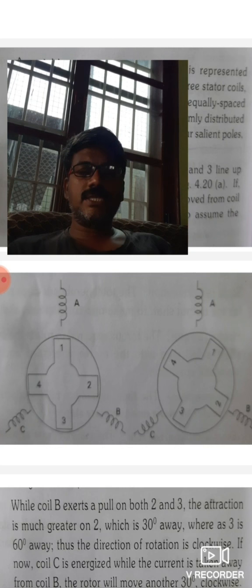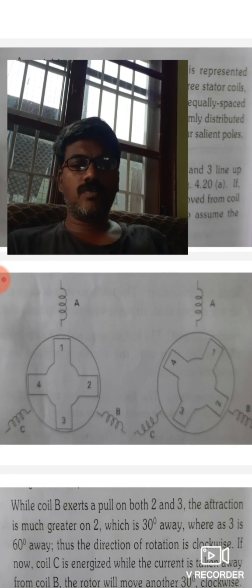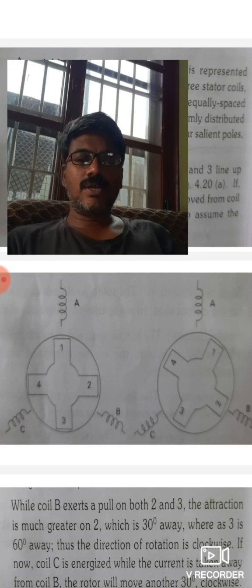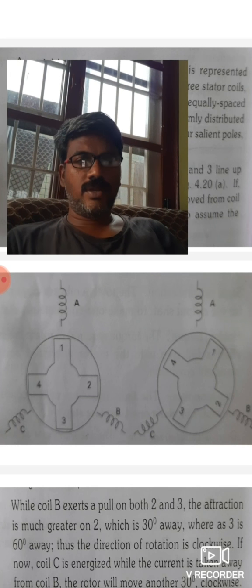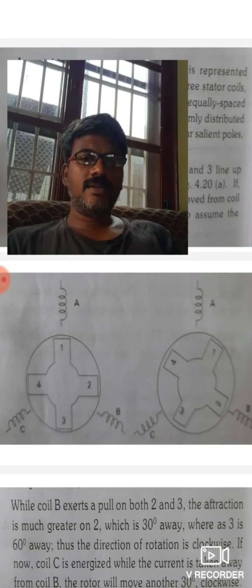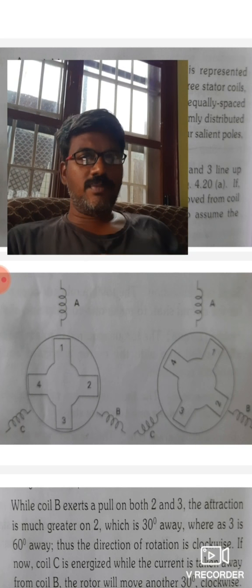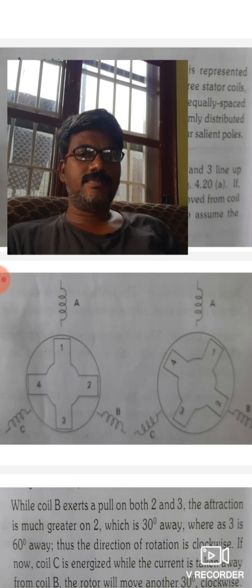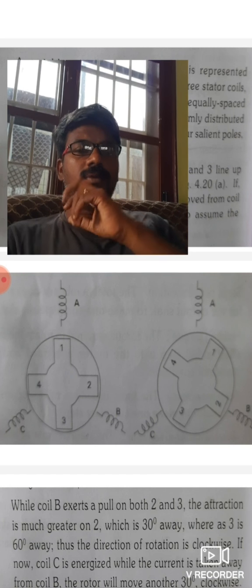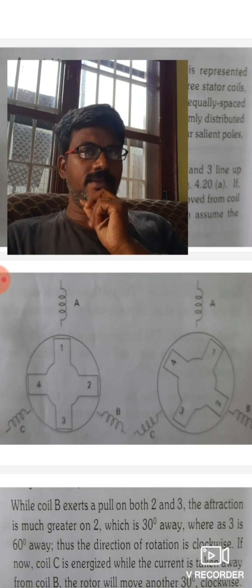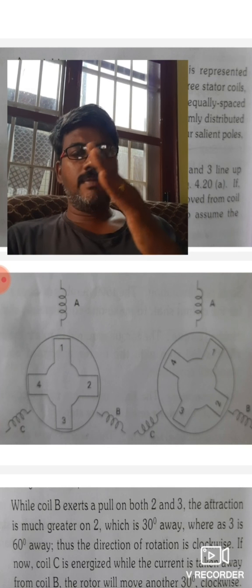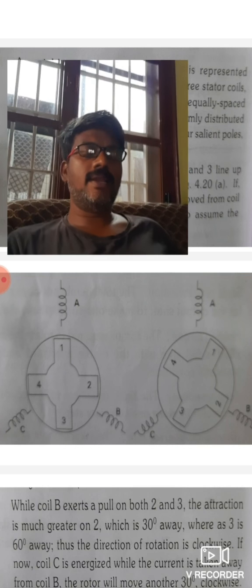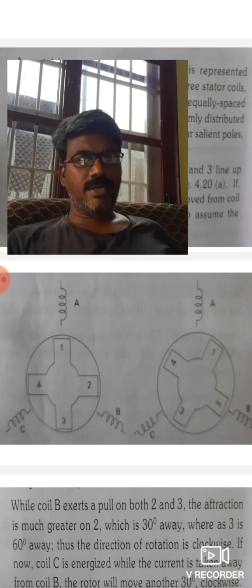So if coil B is excited, then the excitation is removed from coil A. The rotor will move 30 degrees clockwise to assume the position we can observe in figure 2, right? After excitation of phase B, only pole 2 will be attracted by phase B. Then 2 and 4 will be aligned along the B axis, right?